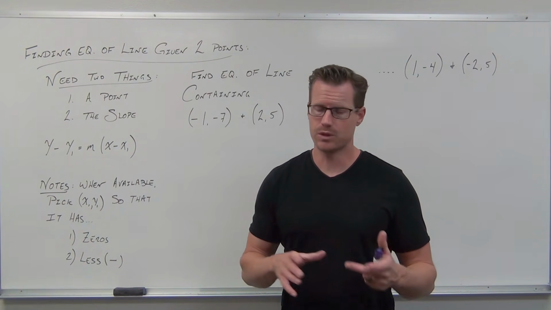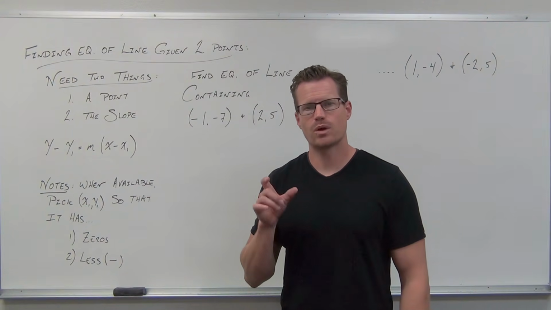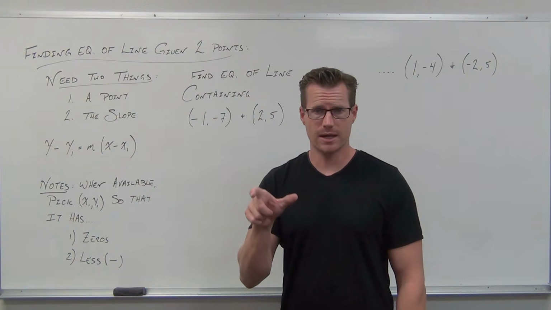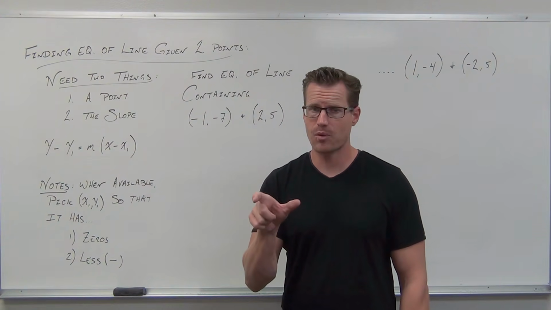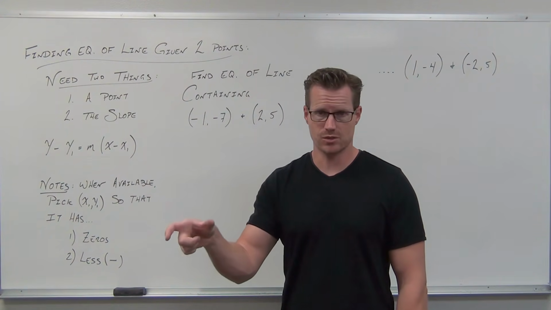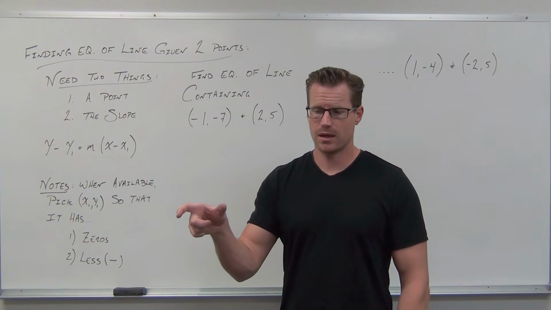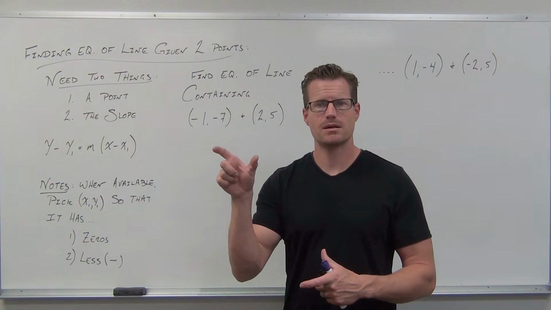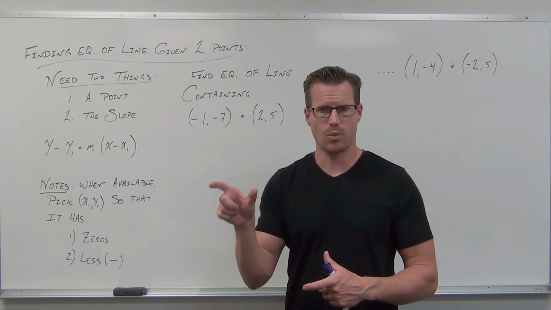When available, when you can, pick your x1, y1 to have zeros. That trumps anything else. So we want x1, y1 to have zeros. If we have a point that has zeros in it, that is your x1, y1. If you don't have any zeros, pick the point that has less negatives to be x1, y1.